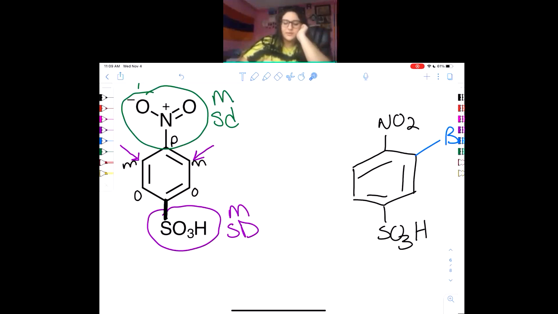But between ortho and meta, ortho will be less likely because it's going to be more electrophilic than the meta position. So when the benzene goes to do the next reaction, it's not going to attack with these carbons, it'll attack with one of these carbons.